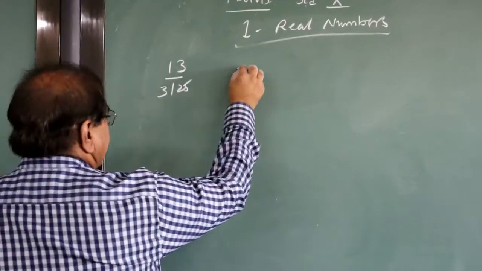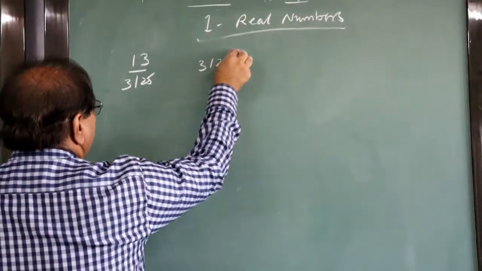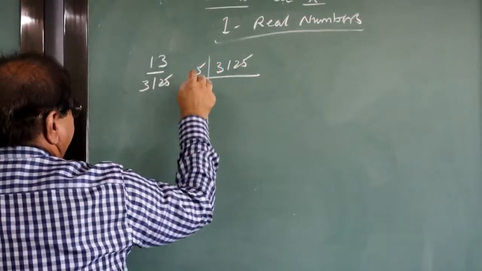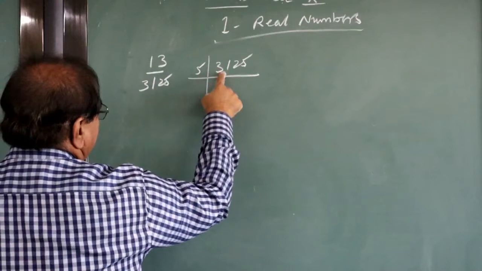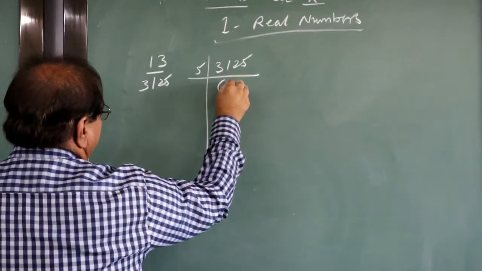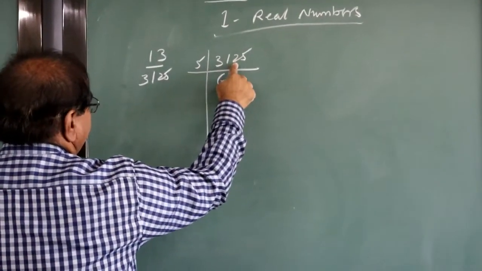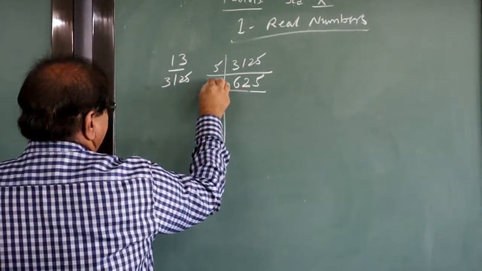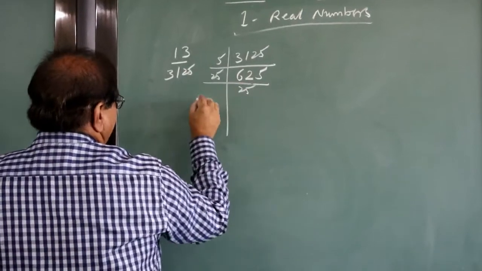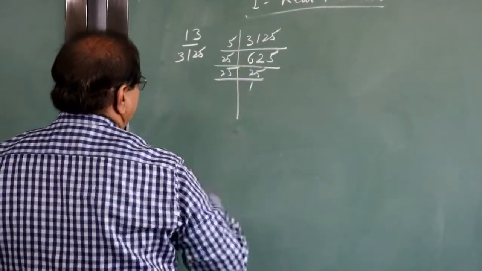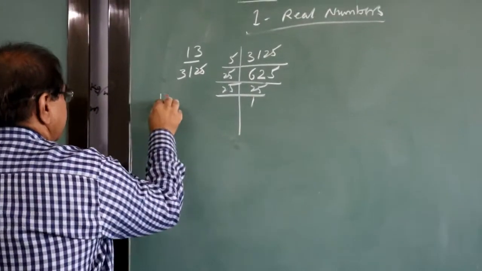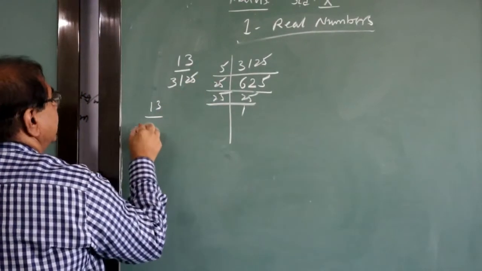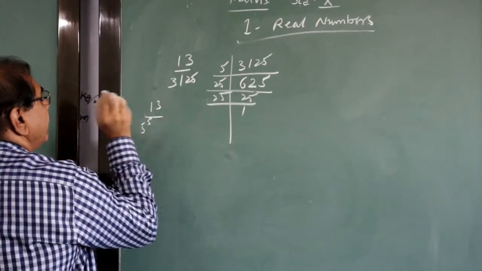Okay? Let us check 3125. We perform the factorization. Start with 5. 5 6s are 30, 1 left 12. 5 2s are 10, 2 left 25. 5 5s are 25. Now we know 625 is the square of 25. So ultimately it is 13 upon 5 square, 5 raised to 1, so it is 5 raised to 5.